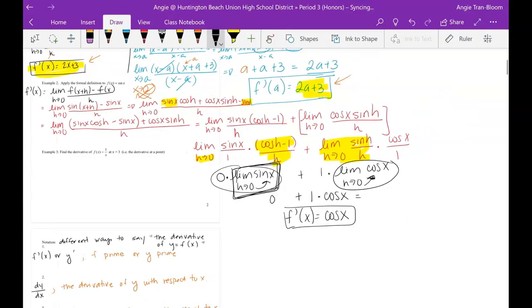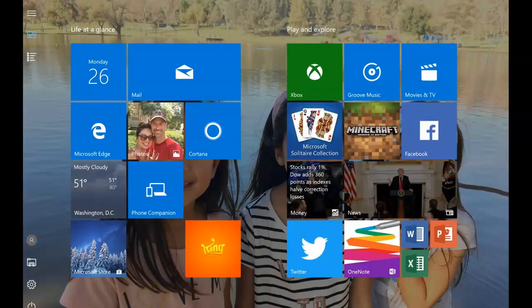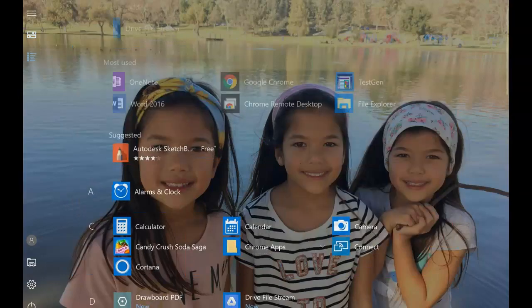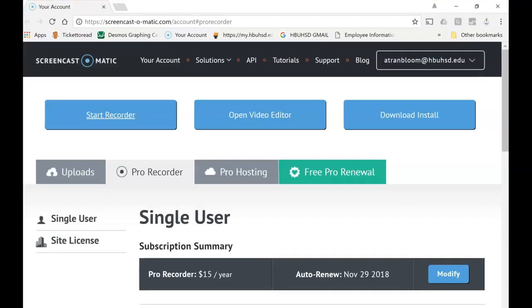Now, do you have to do this proof over again? No. From now on, if I ask you what's the derivative of sine of x, you could just write the answer: it's cosine of x. And let's graph that out really quickly. I'm going to use Desmos.